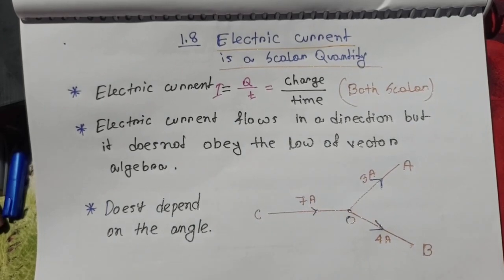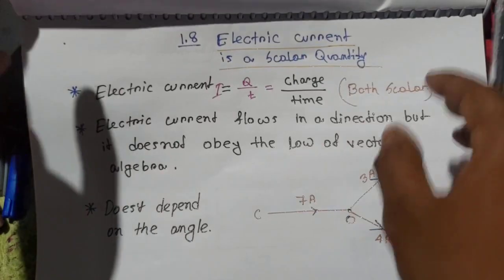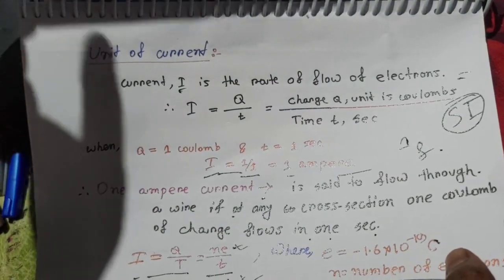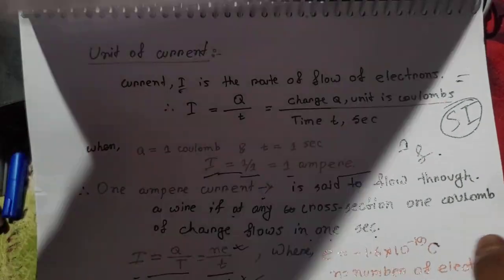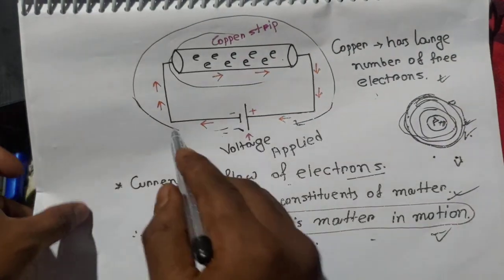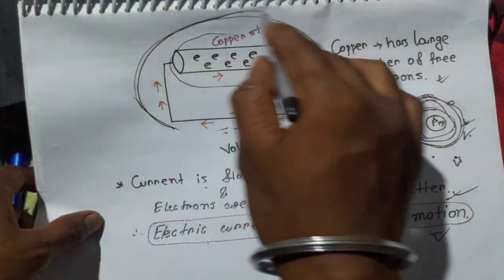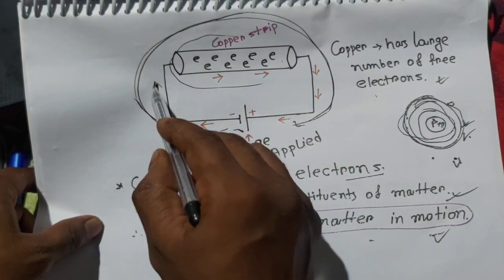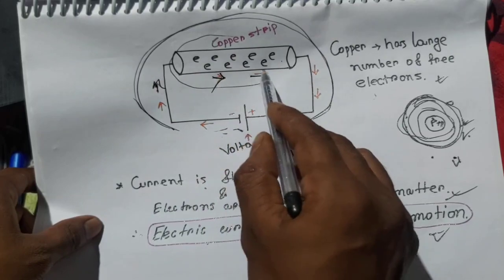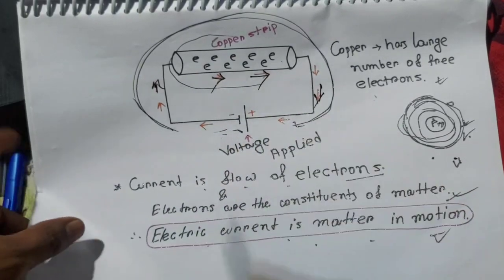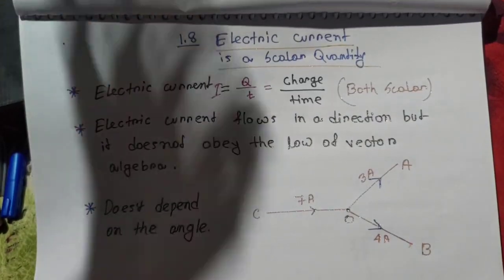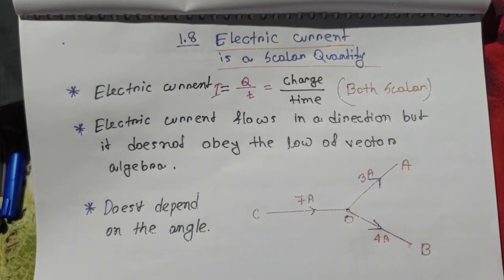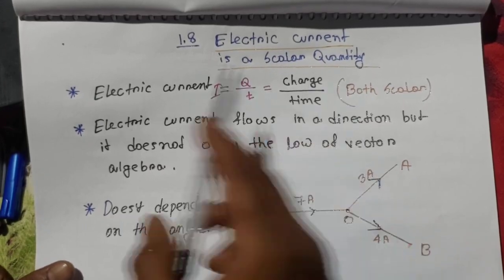So electric current is a scalar quantity. In this picture we have shown that electric current is flowing and we have given one direction, but still electric current is a scalar quantity, not a vector quantity.